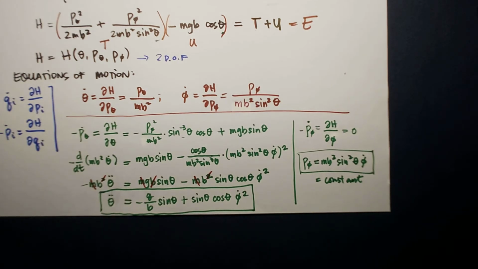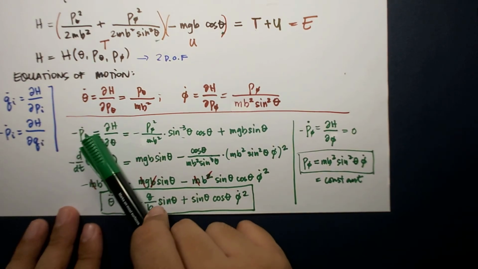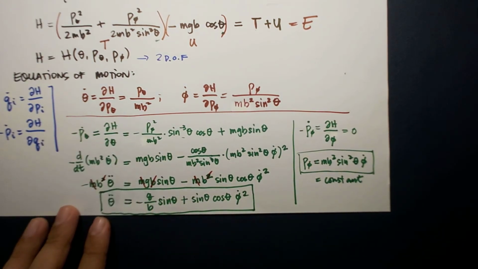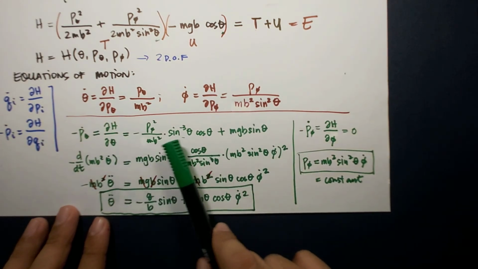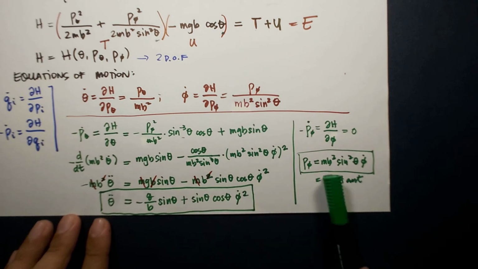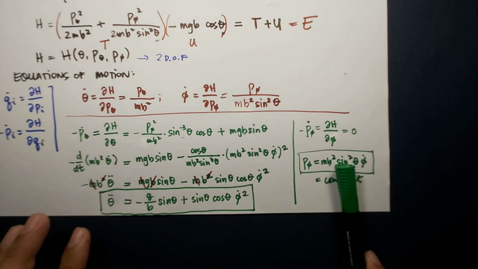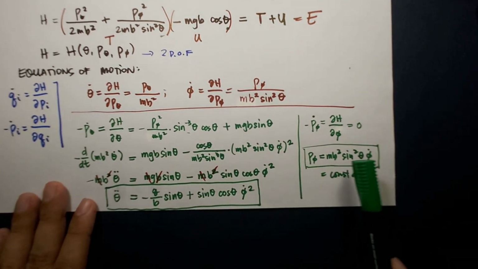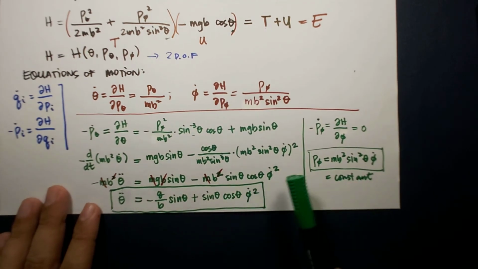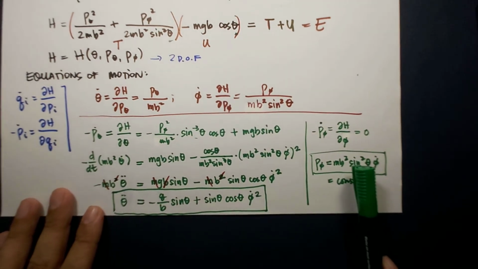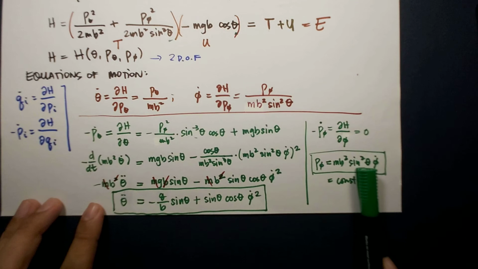Whereas along theta it is not constant, because this is not equal to 0. Okay, so these are the equations of motion of your simple spherical pendulum.